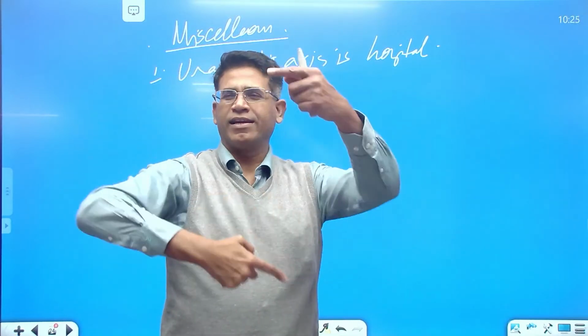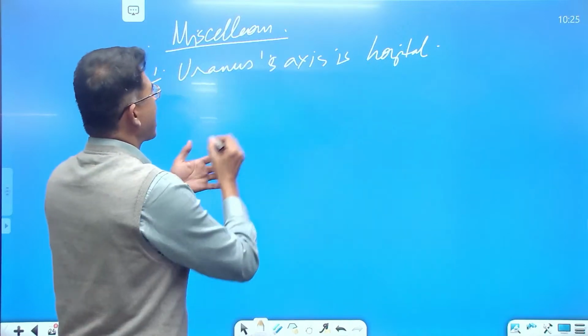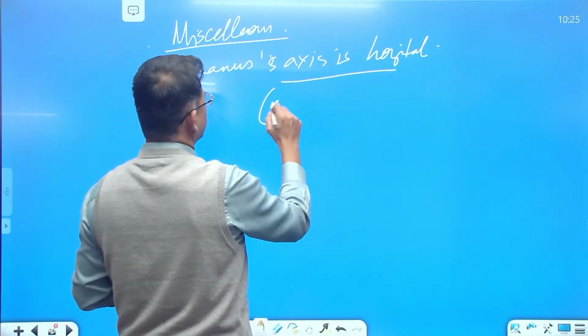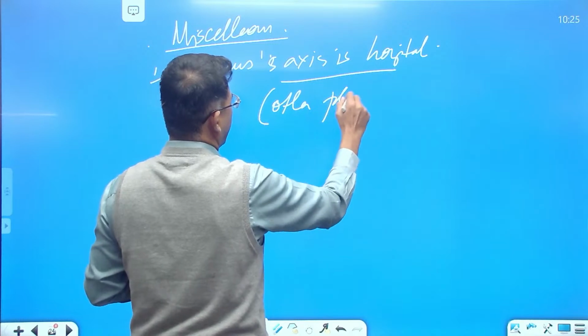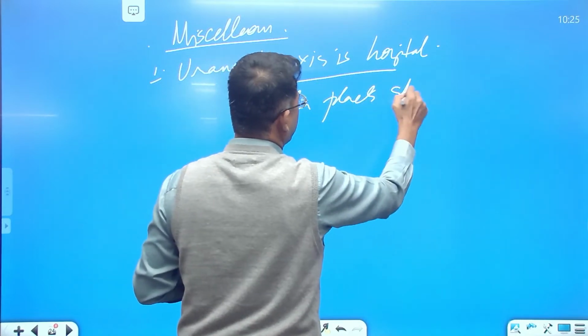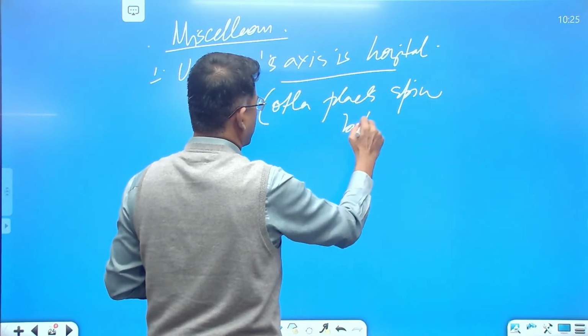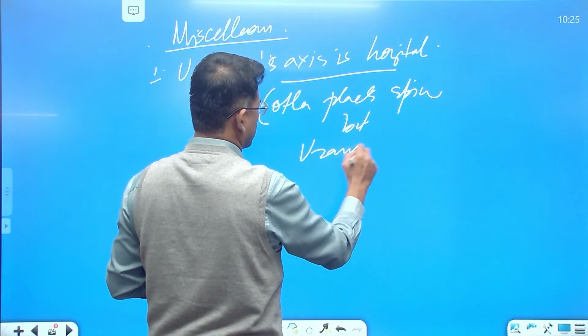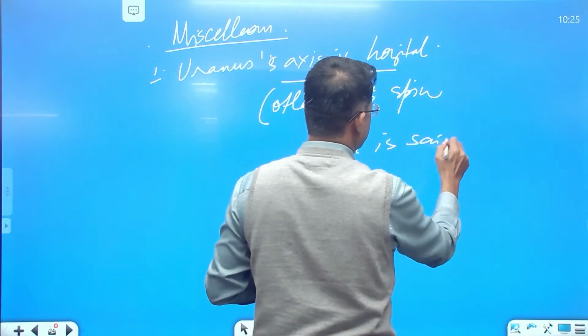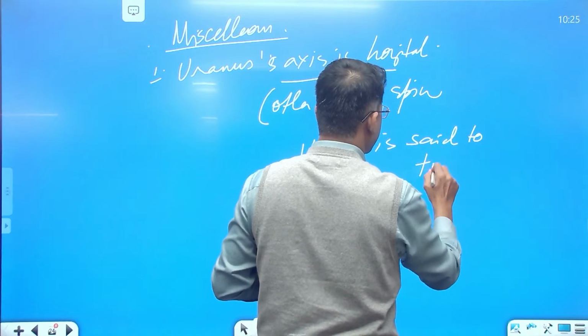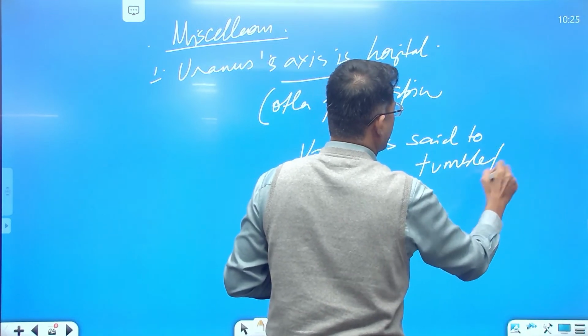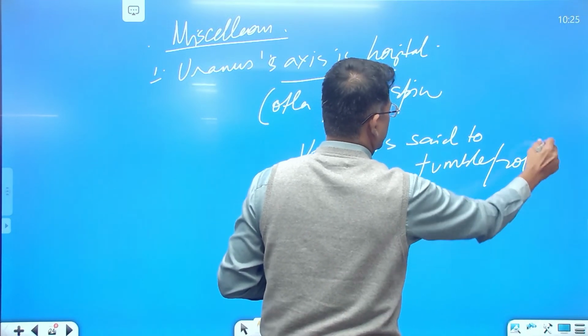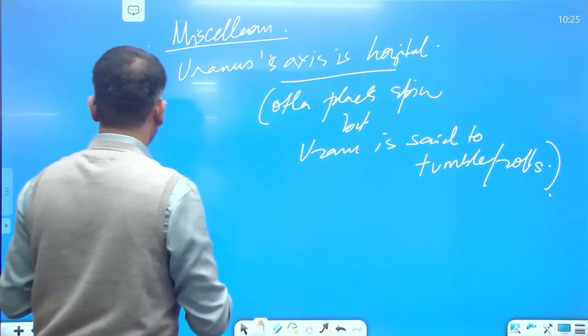It's like rolling, okay? Because its axis is horizontal. So other planets spin, but Uranus is said to tumble. It kind of rolls. Know this?